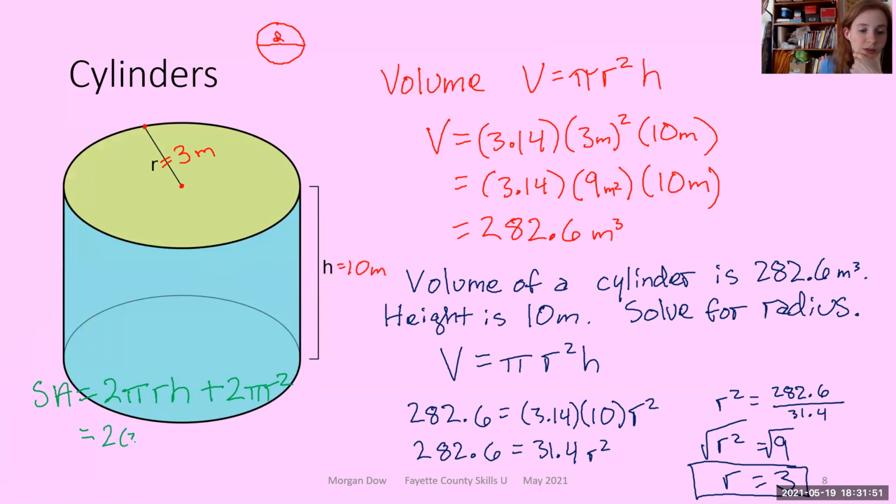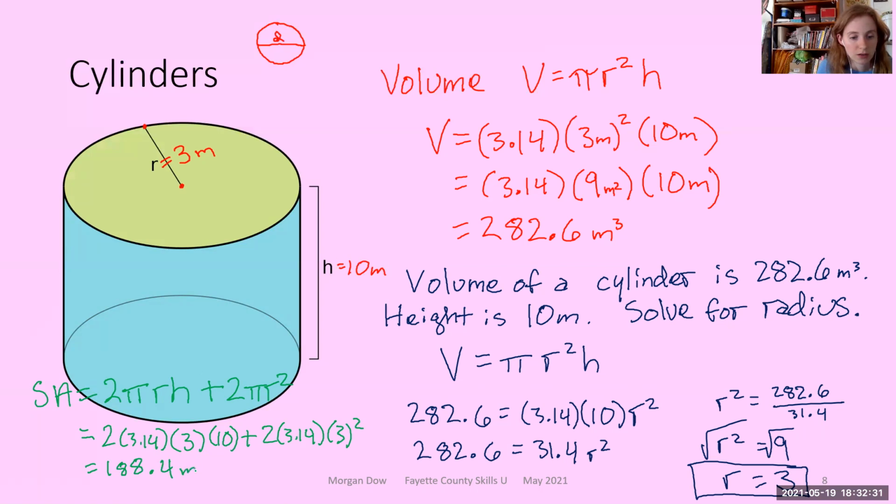So 2 times 3.14 times the radius of 3 meters times the height of 10 meters plus 2 times 3.14 times the radius of 3 meters squared. So 3 squared. Okay, so 2 times 3.14 times 30 gives us 188.4.